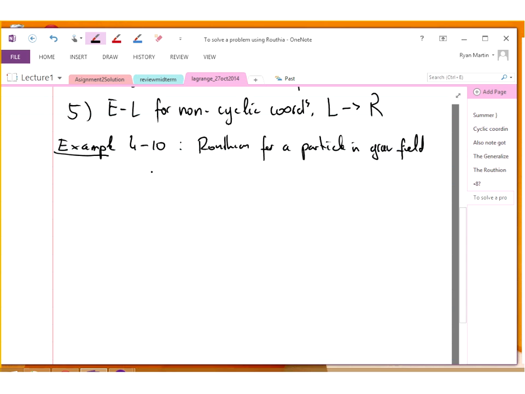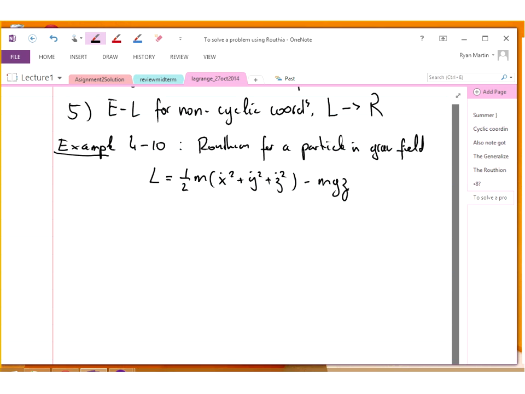So first step is to write out the Lagrangian, and we just did that earlier today. So that's the kinetic energy, half m times x dot squared plus y dot squared plus z dot squared, minus mgz. Okay?